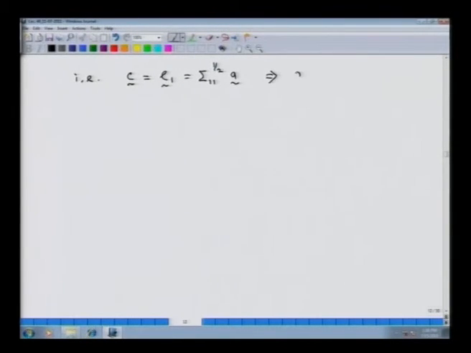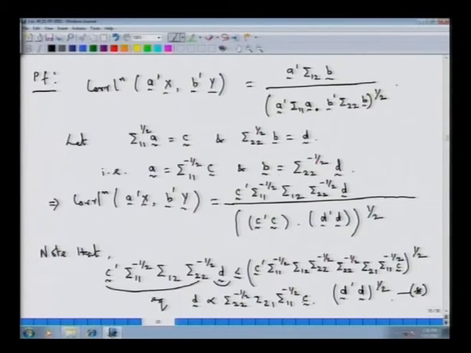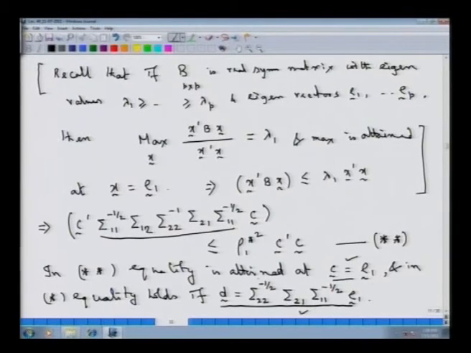So, this will imply that the maximizing a vector is going to be given by sigma 11 to the power minus half times E1, right, and the b vector, which is connected with the d vector through this, that b is equal to sigma 22 to the power minus half times d, and in order to have equality we would require this condition that d is sigma 22 to the power minus half sigma 21 sigma 11 to the power minus half E1.